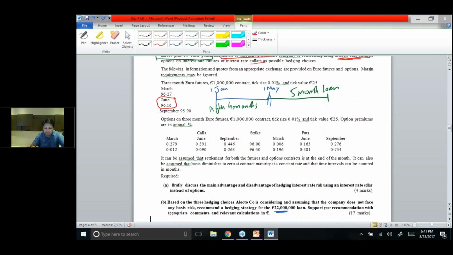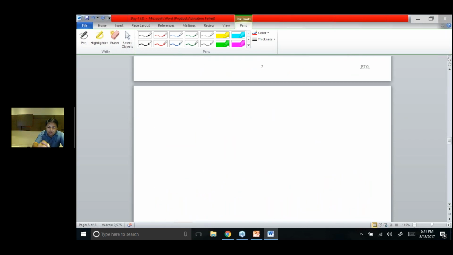Okay, the first step will be we are going to borrow €22 million after 4 months.